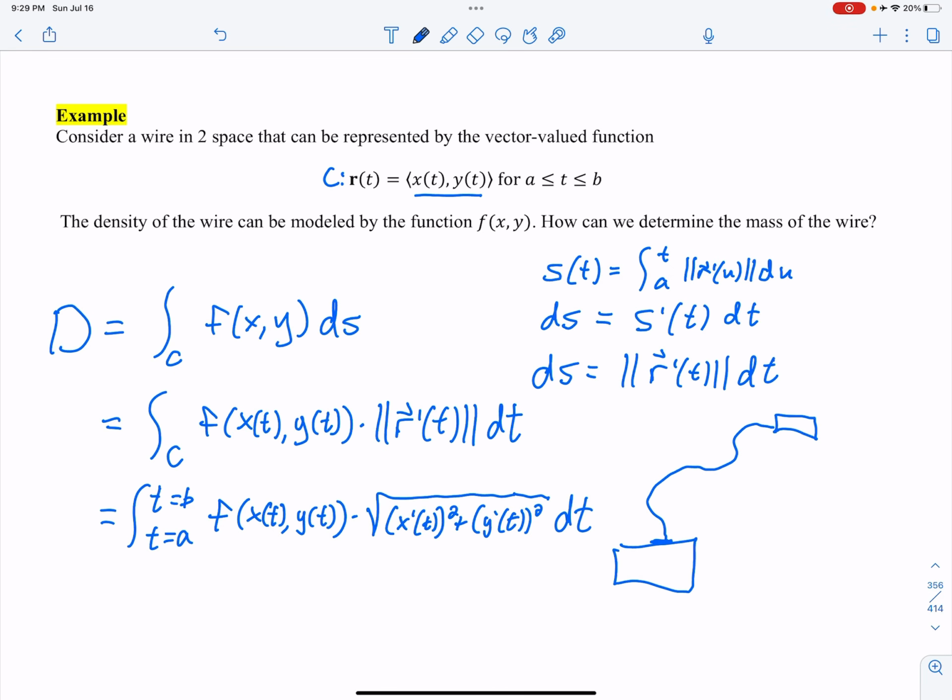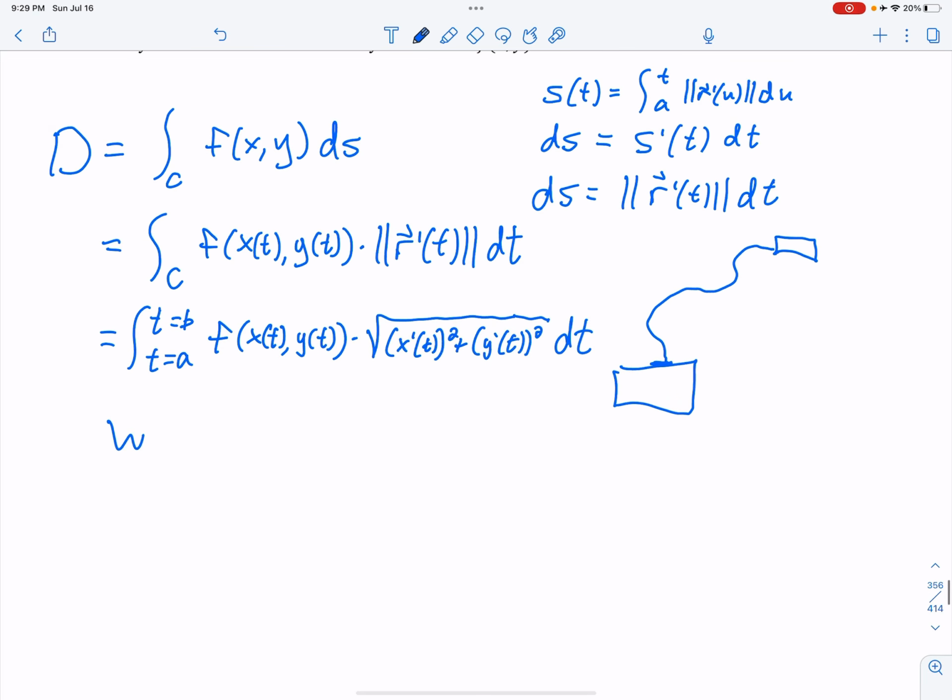And my question here is, what if f of x of t, y of t is equal to 1? What do we get? Well, we get arc length. If we cover this out, take that out, that is just the definition for the arc length of the curve.